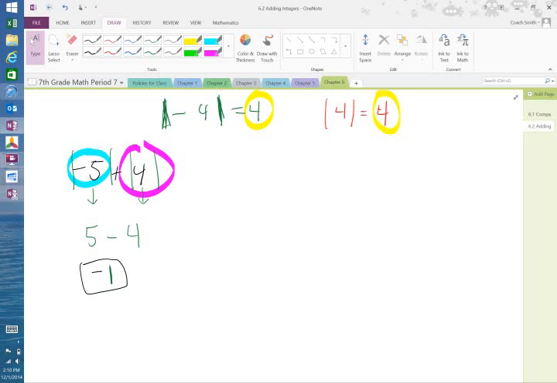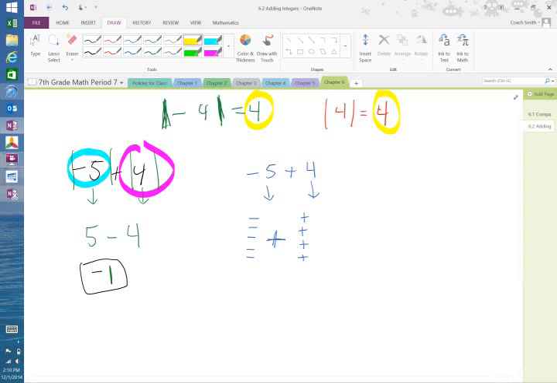The other way to look at this is this way. -5 I can represent by 1, 2, 3, 4, 5 negatives. Plus 4, I can represent by 1, 2, 3, 4 positives. And I am adding those two things together.